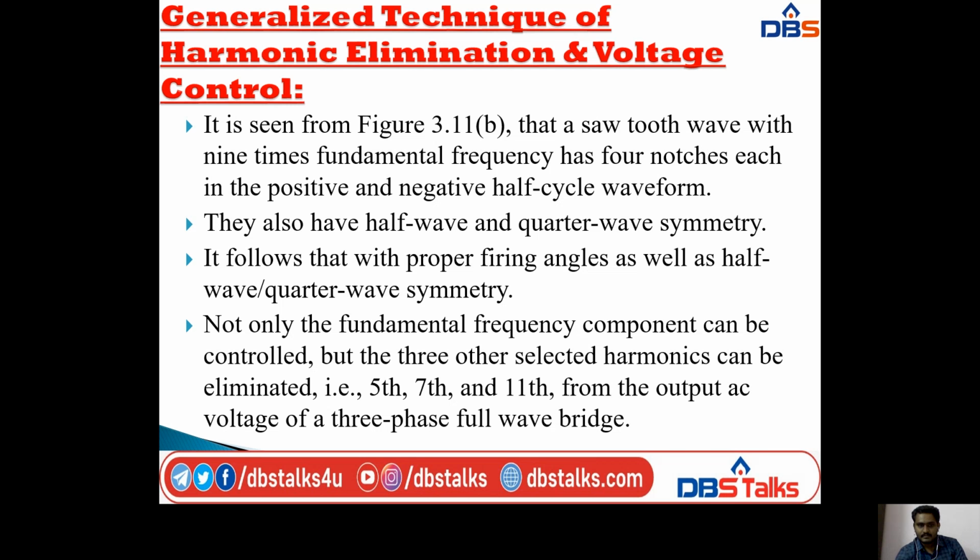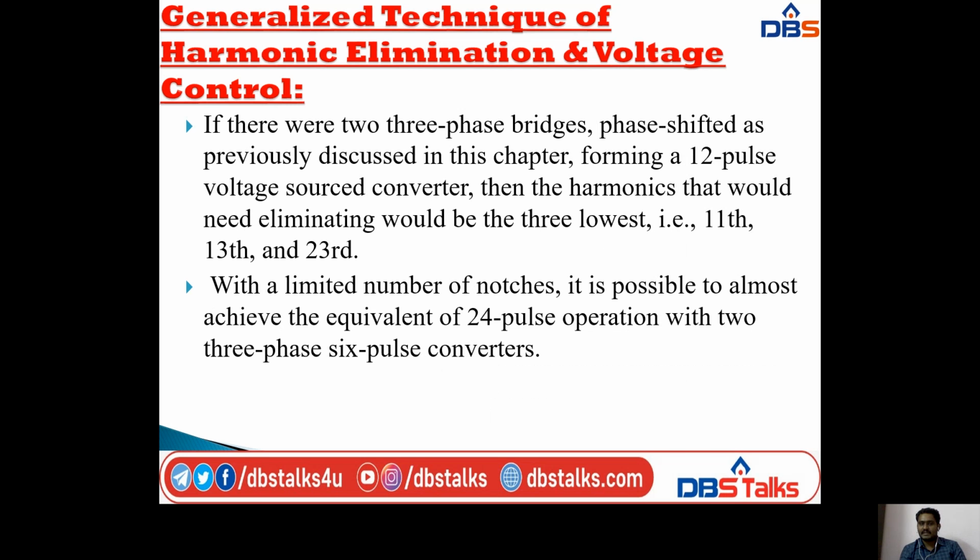Next, assume there were two three-phase bridges phase shifted as previously discussed in this chapter, forming a 12 pulse voltage source converter. Then the harmonics that would need eliminating would be the three lowest, that is 11th, 13th and 23rd.